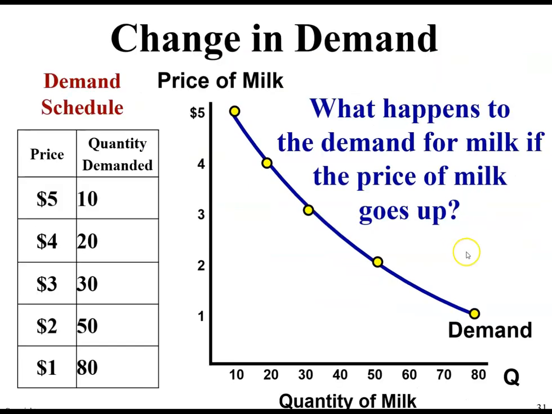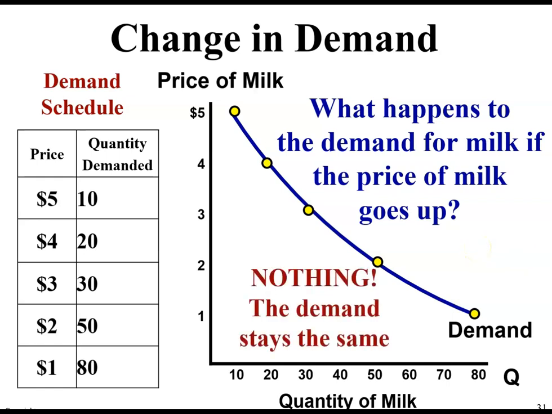So think about this question. What happens to the demand for milk if the price of milk goes up? Nothing. The demand is going to stay the same. What would change would be the quantity demanded.